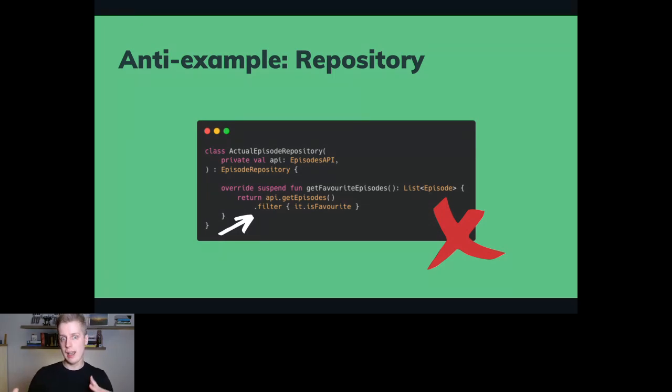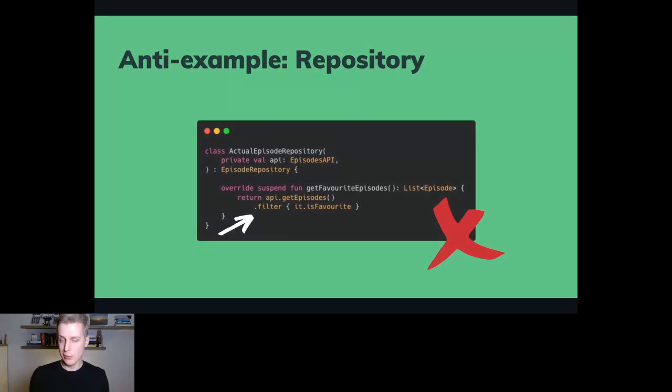A repository should handle different sources of data and should expose that data somehow to the UI, to the domain layer. And that's it. So what is the perfect place for executing business logic?